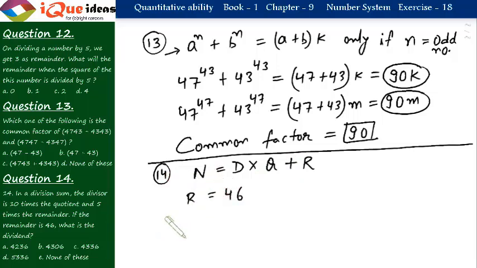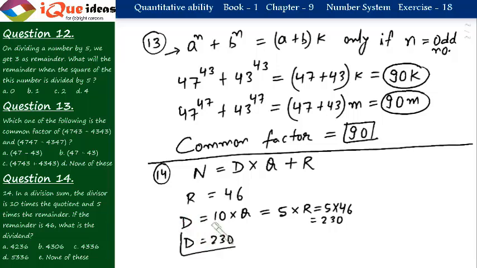So first we find the divisor, which is 10 times the quotient and 5 times the remainder. Let's write divisor is equal to 10 times the quotient and it is also equal to 5 times the remainder. Remainder is already given as 46, so we get D as 5 into 46, which is 230. So we have divisor equal to 230.